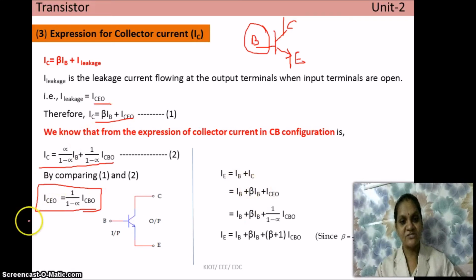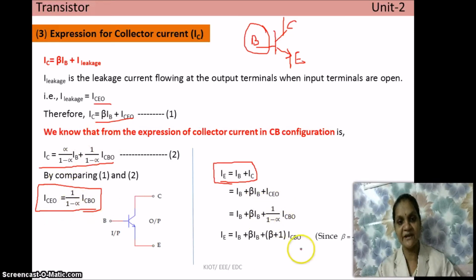In other words, we can also derive the emitter current. This is the collector current expression in common emitter. Use the same expression here, in the formula IE equal to IB plus IC. In this, substitute this expression for IC, and ICEO as we derived, 1 by 1 minus alpha into ICBO.